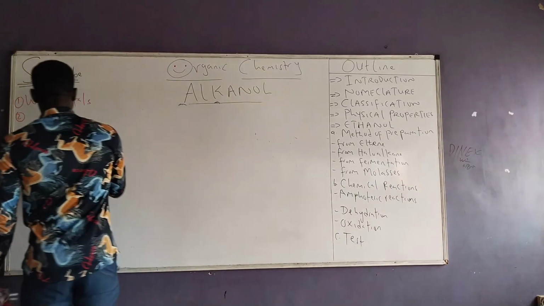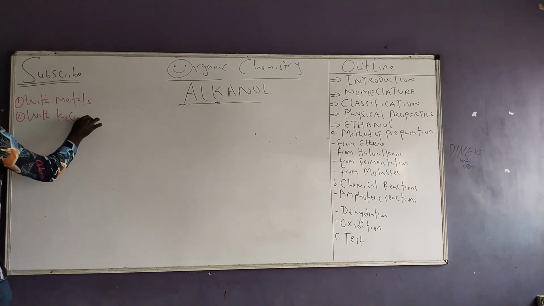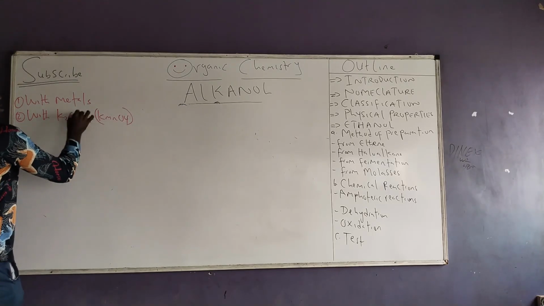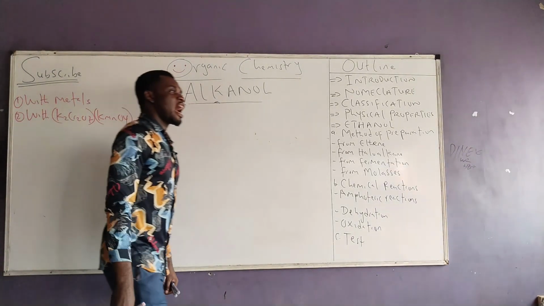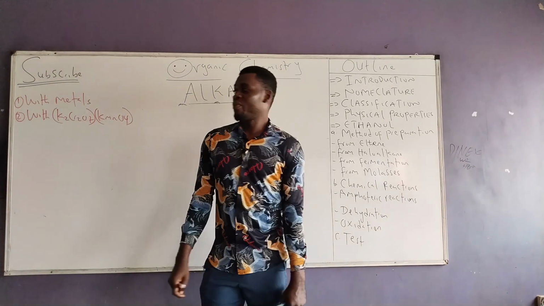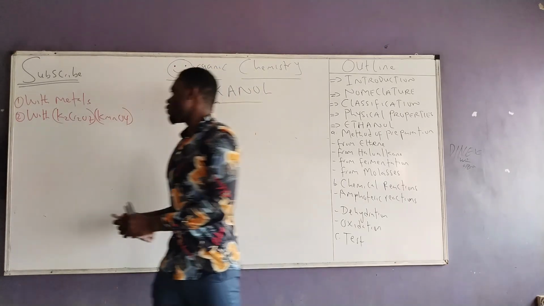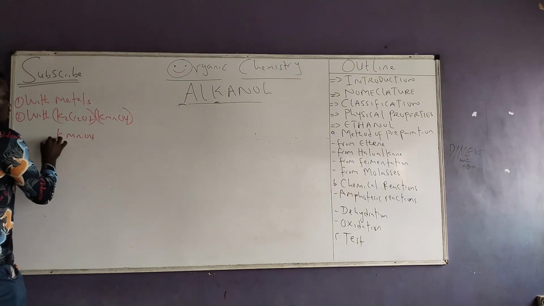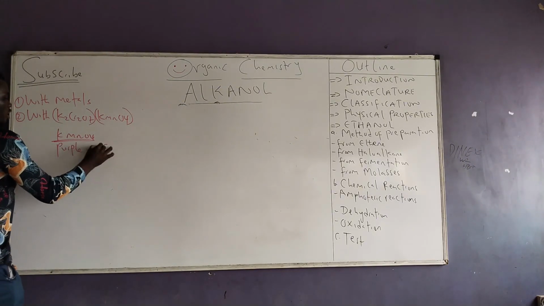The second test is with oxidizing agents, specifically your K2Cr2O7 or KMnO4. Now, when K2Cr2O7 is used as an oxidizing agent, and when KMnO4 is used as an oxidizing agent, there will be color changes. KMnO4 is normally purple. So KMnO4 will be converted from purple to colorless.